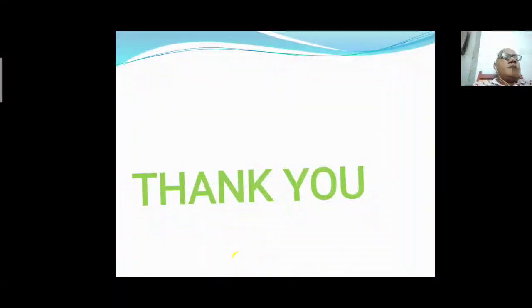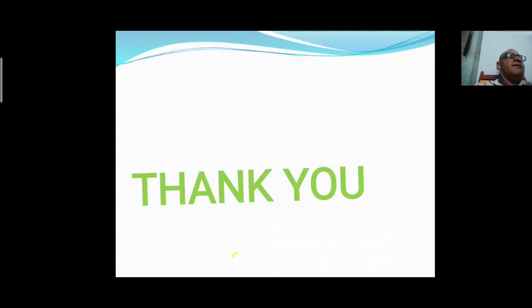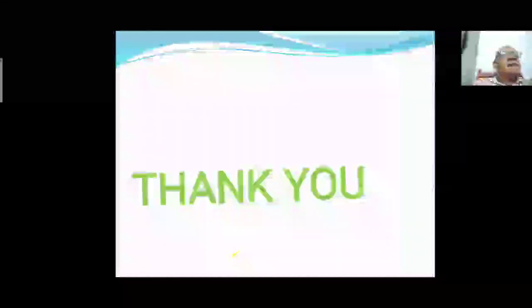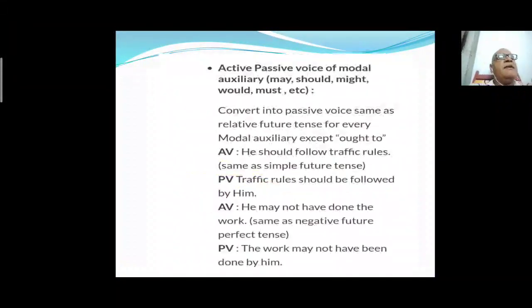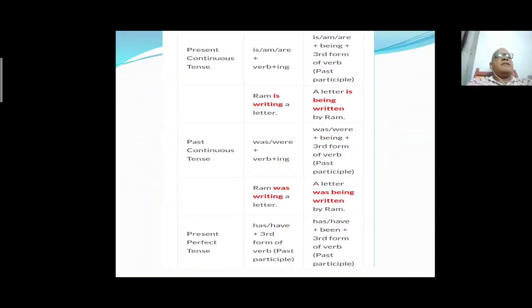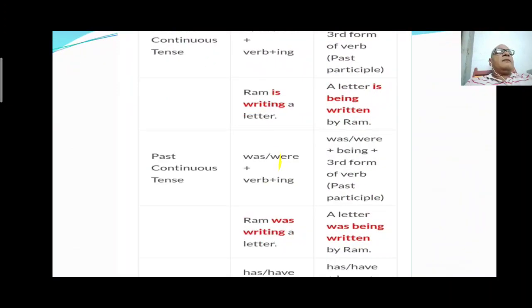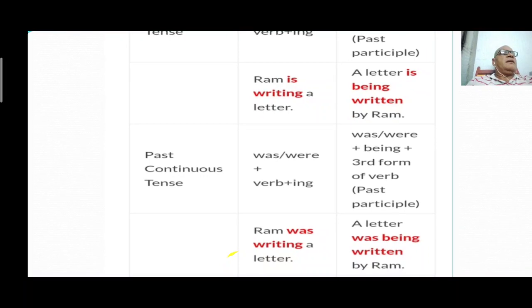For example, let's convert one sentence from passive voice to active voice. Cricket is played by Rama. This is the passive voice. How can we convert it into active voice? This is present continuous tense. The pattern is like this: A letter is being written by Rama.